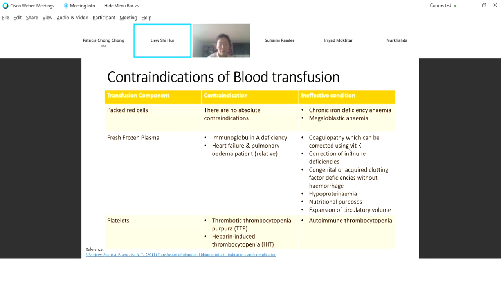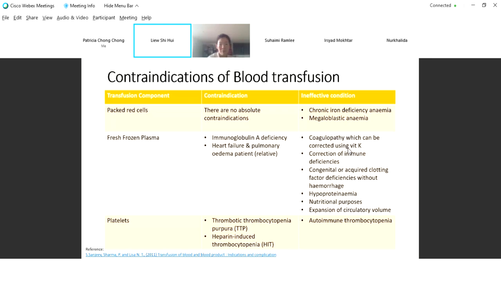So they can only obtain the blood product from an IgA-deficient donor. Another contraindication is heart failure and pulmonary edema patients, in which they will have a higher risk of volume overload after the transfusion of fresh frozen plasma.